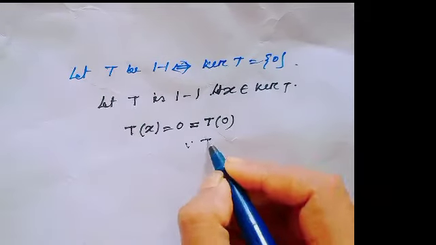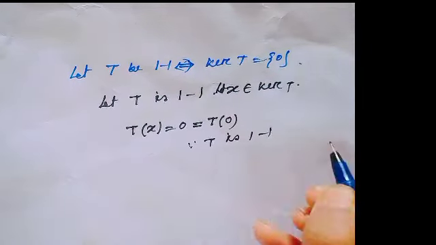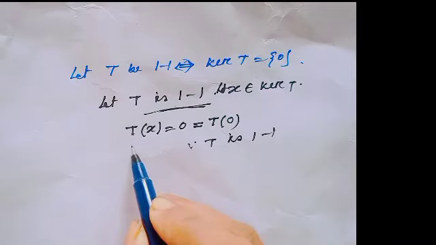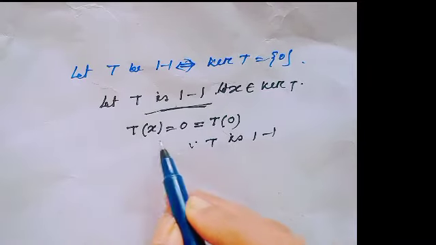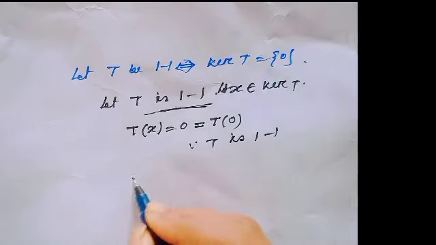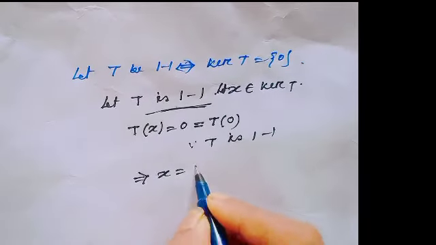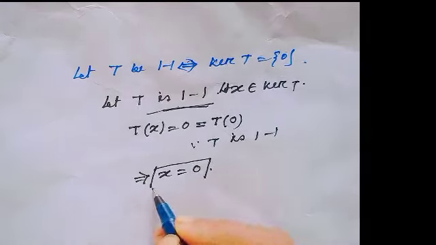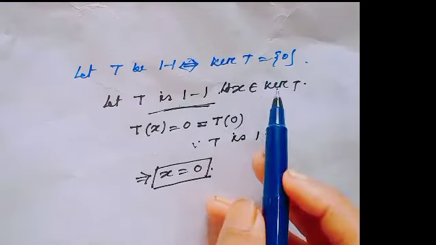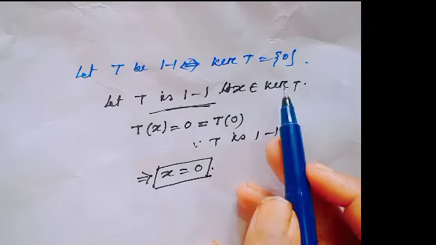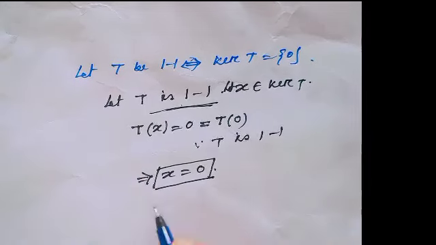And since T is 1-1, Tx equals Ty implies always x equals y. That means x equals 0. One side has been proved: when T is 1-1, then kernel T contains only the singleton set {0}.